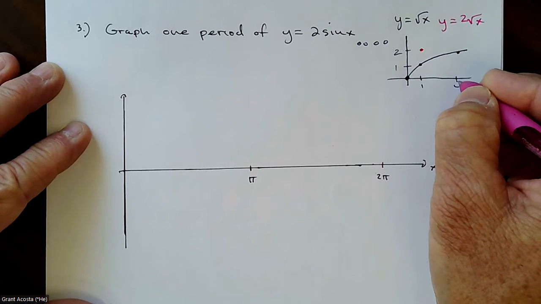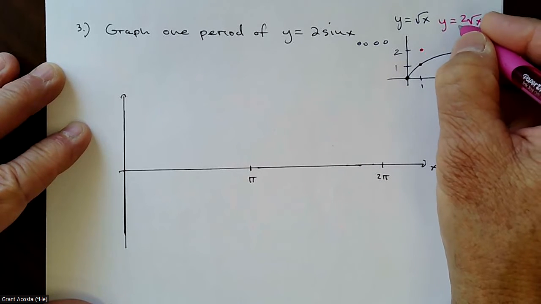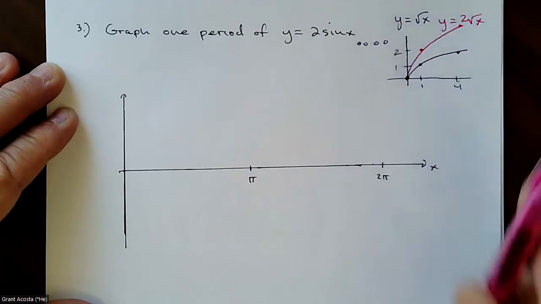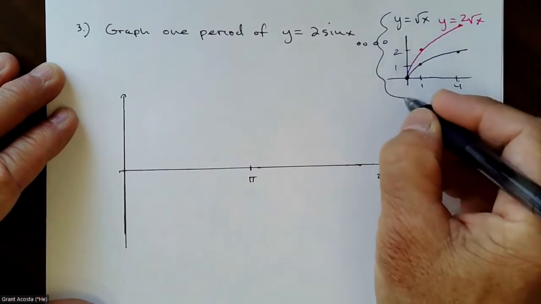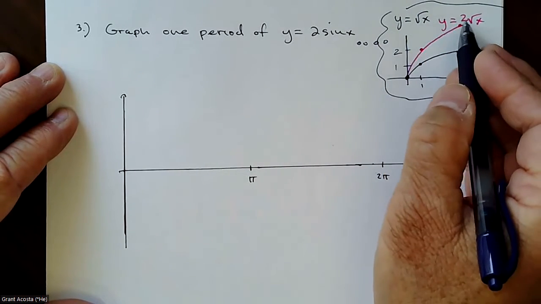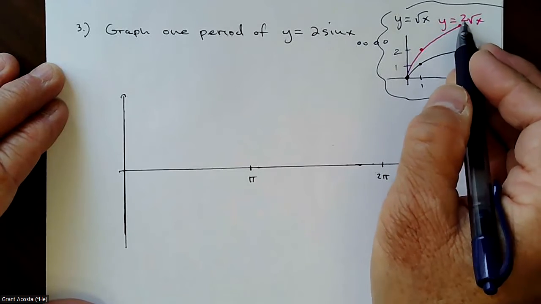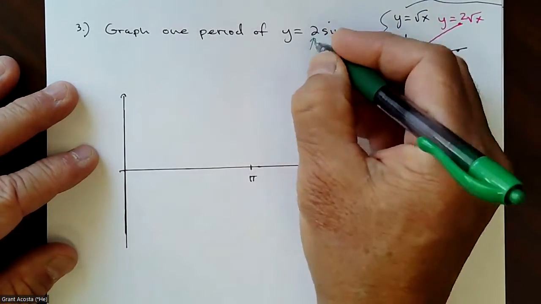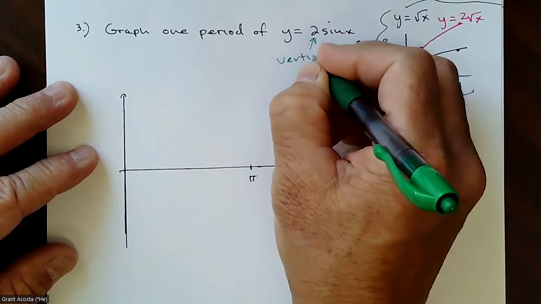Square root of 4 is 2 times 2. Now it's all the way up at 4. And so we've seen this before. When you multiply your function by a number, this is going to cause a vertical stretch by a factor of 2.